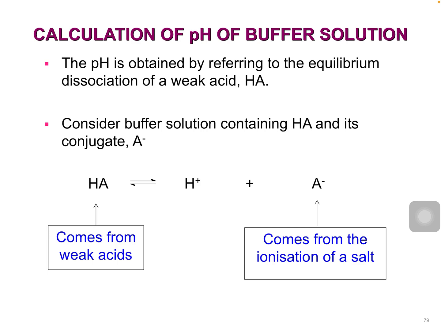Okay, so for the acidic buffer solution, this is the equation. Acidic buffer solution containing weak acid and the salt that have the conjugate base. So this equation, this is the reactant and then this is the product. The reactant is of course the weak acid and then this is the conjugate base.